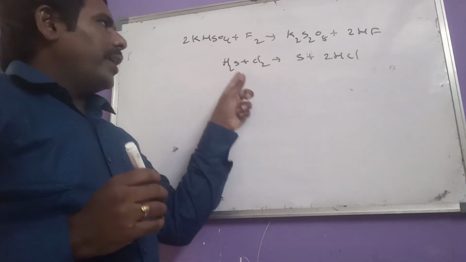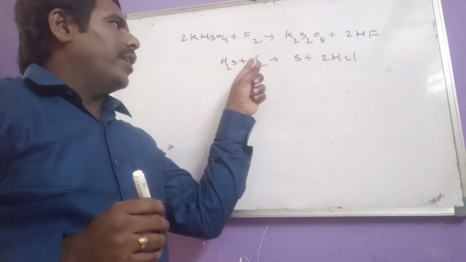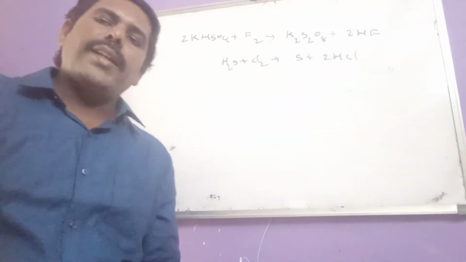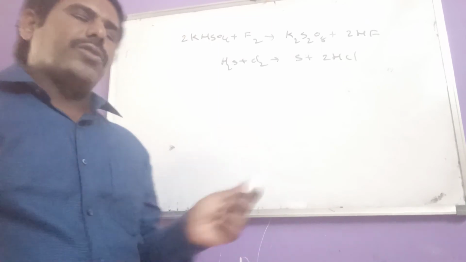That means H2S is oxidized to sulfur by chlorine. So these are the oxidizing properties of halogens.